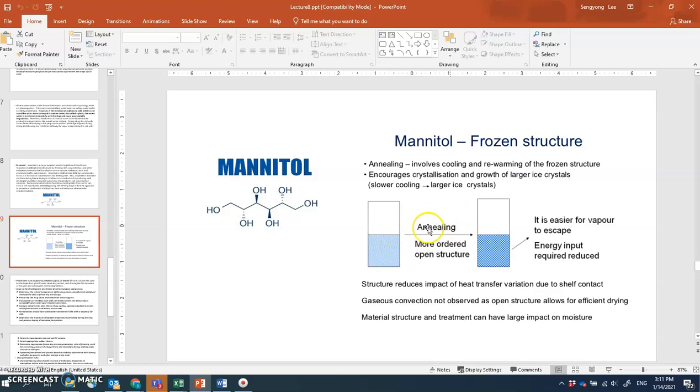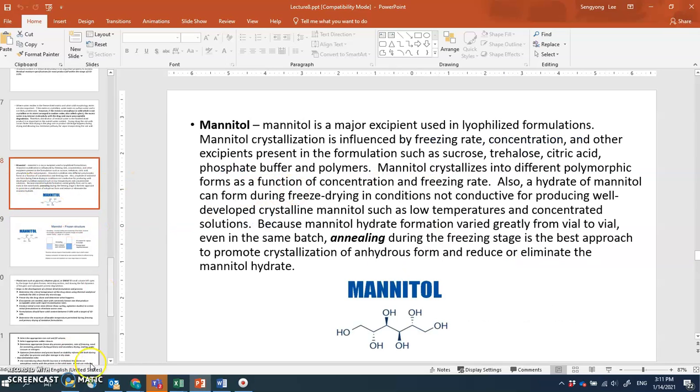So annealing may be needed. When mannitol is crystallized through the annealing process, it will give you a better stable structure, so the vaporization of water may happen more easily. After water vaporization, your drug molecule can still have a very good eutectic structure. So mannitol is certainly a good excipient in freeze drying formulation.